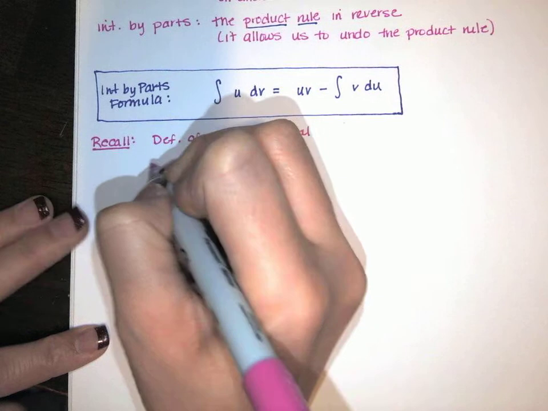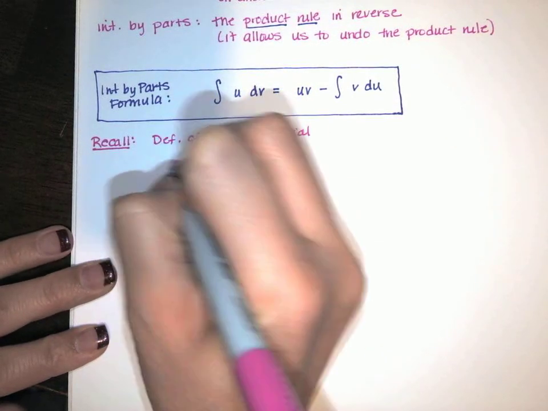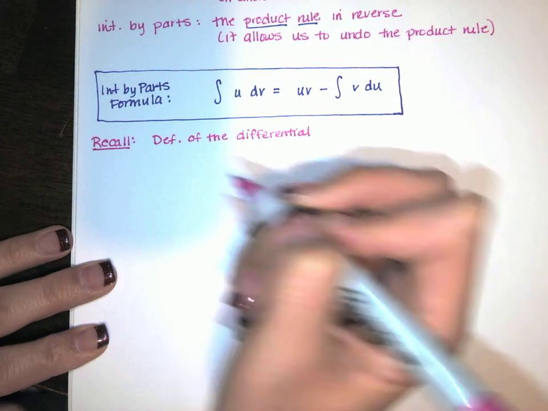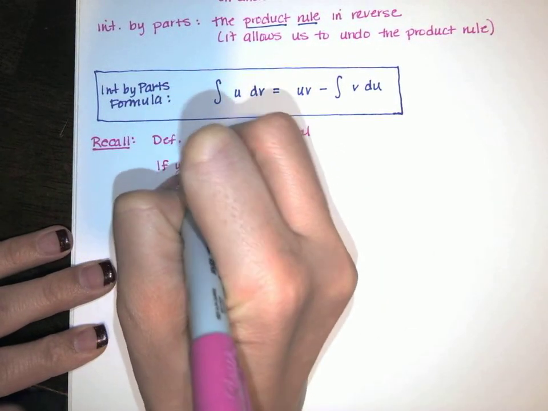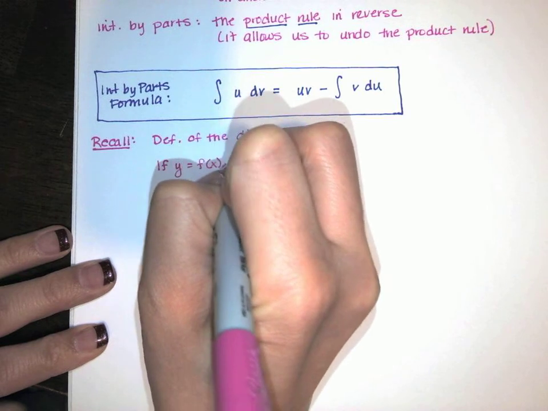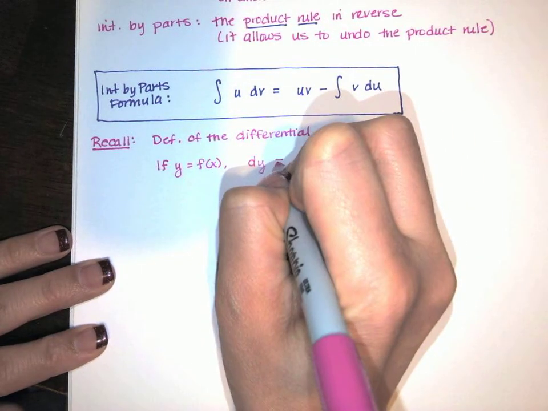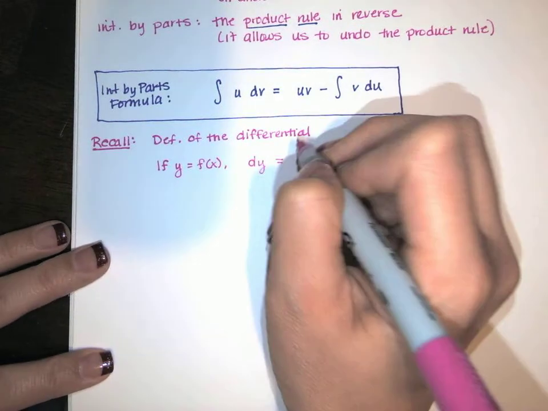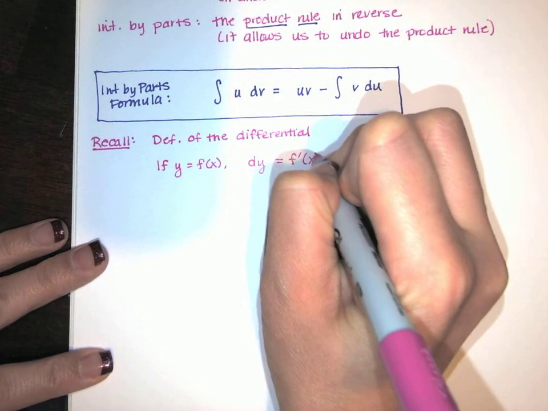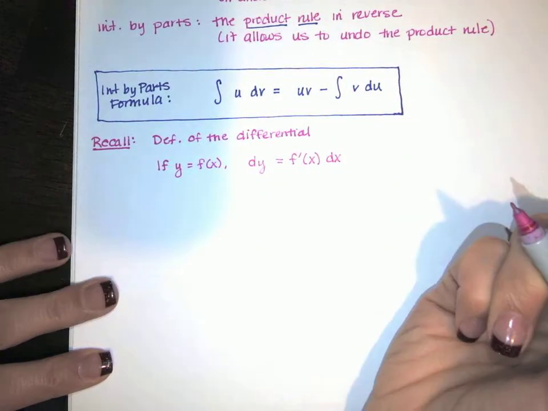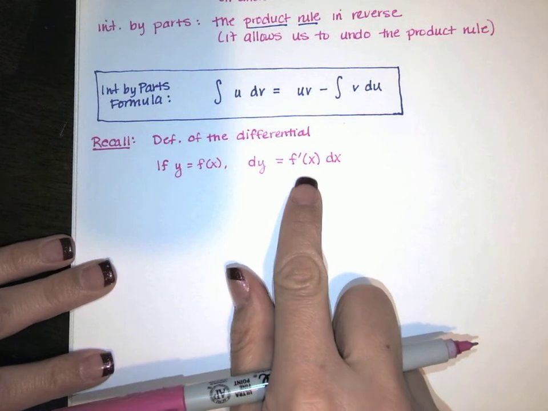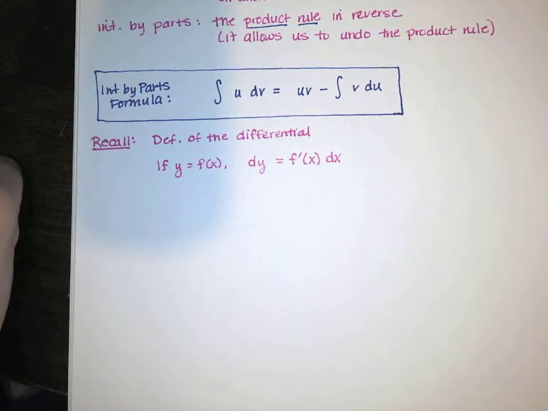The differential of y is defined this way. If y is equal to f of x, the differential of y is notated dy, and it's given by f prime of x times dx. So you're just going to take the derivative of your y and multiply by dx.